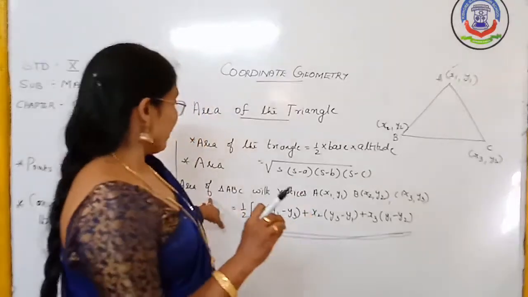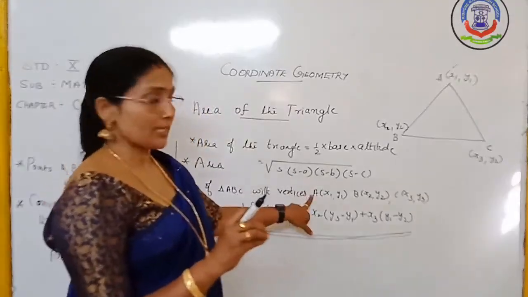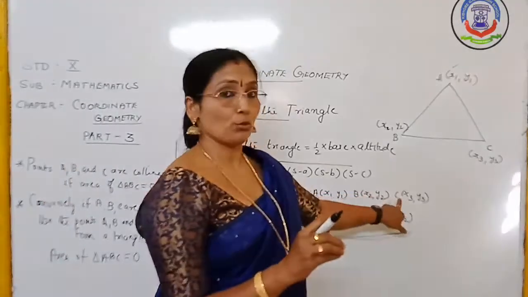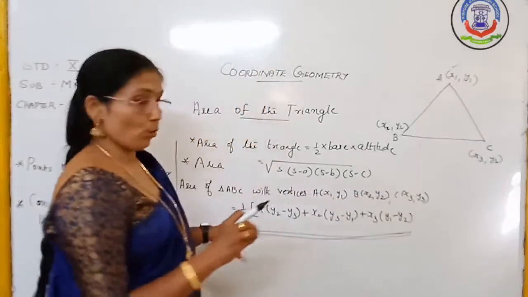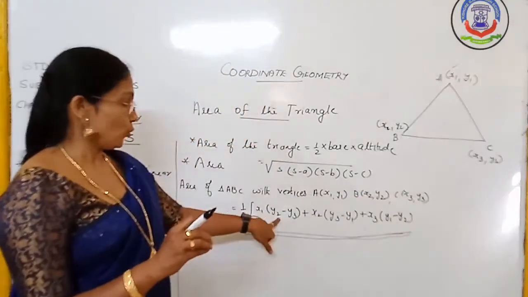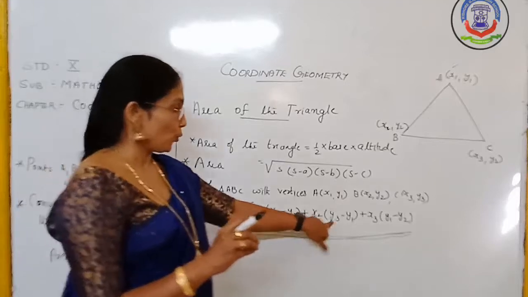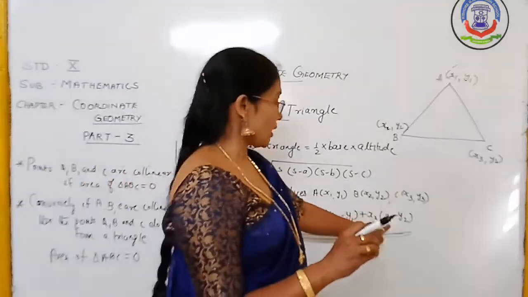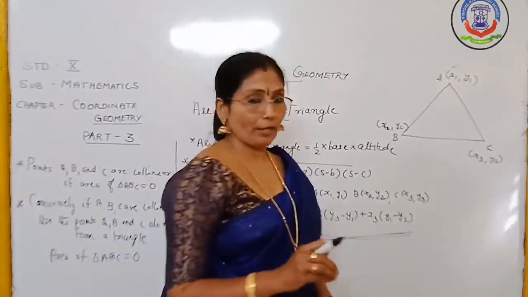So the area of triangle ABC with vertices A(x1, y1), B(x2, y2), C(x3, y3) is half into x1 into (y2 minus y3) plus x2 into (y3 minus y1) plus x3 into (y1 minus y2).